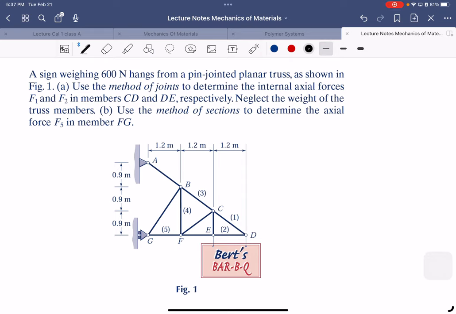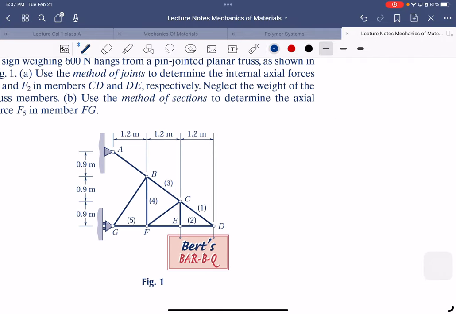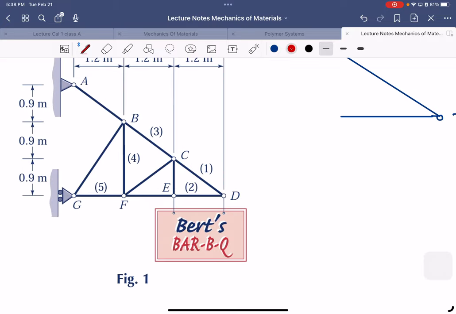So we are going to isolate. Maybe let me write here for isolate. Let's say this is D. Actually, method of joints is we are going to isolate the joints. So we are going to isolate this.